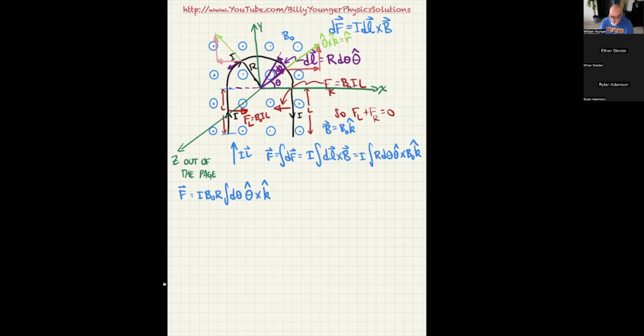In fact, it'll be all x at theta equals 0, and it'll get smaller and smaller x component until I get to the y-axis. And then once I go past the y-axis and get in the second quadrant, you'll see that the x component is now negative, and it gets bigger and bigger until it gets to theta equals 180, at which time it's all x again.